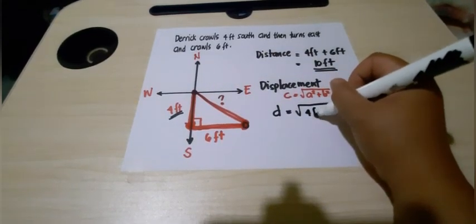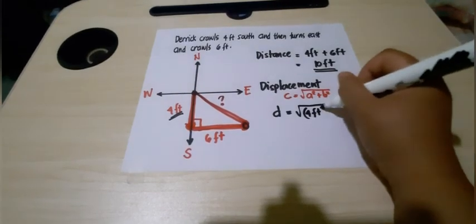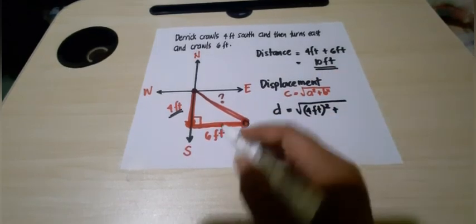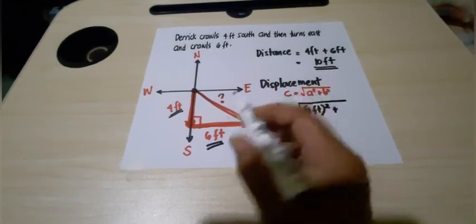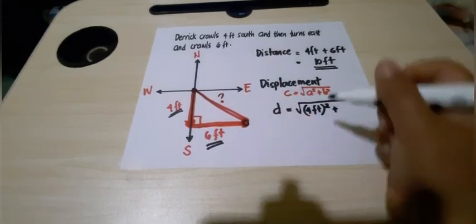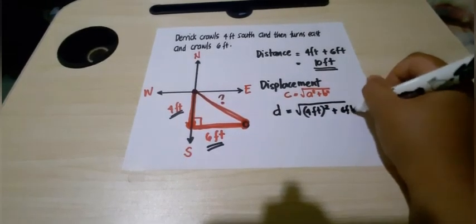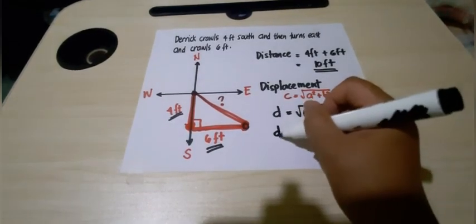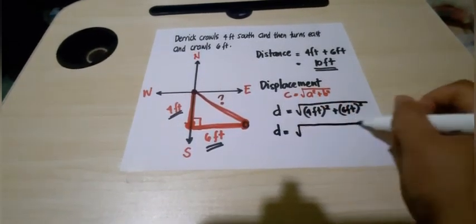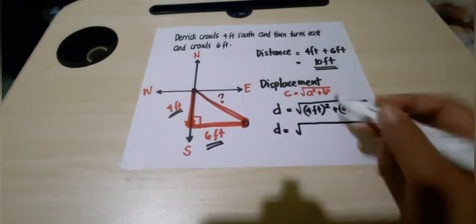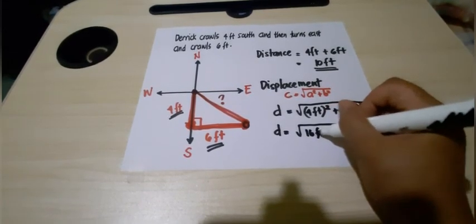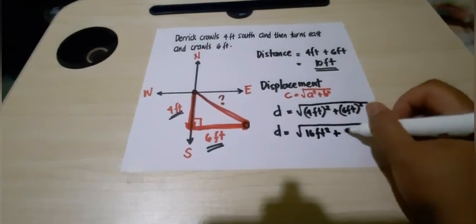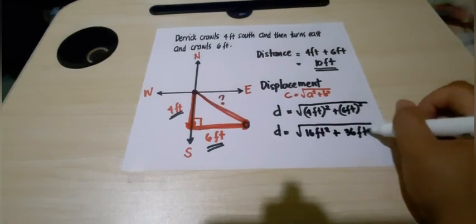So, 4 feet squared is 16 feet squared, plus 6 feet squared is 36 feet squared.